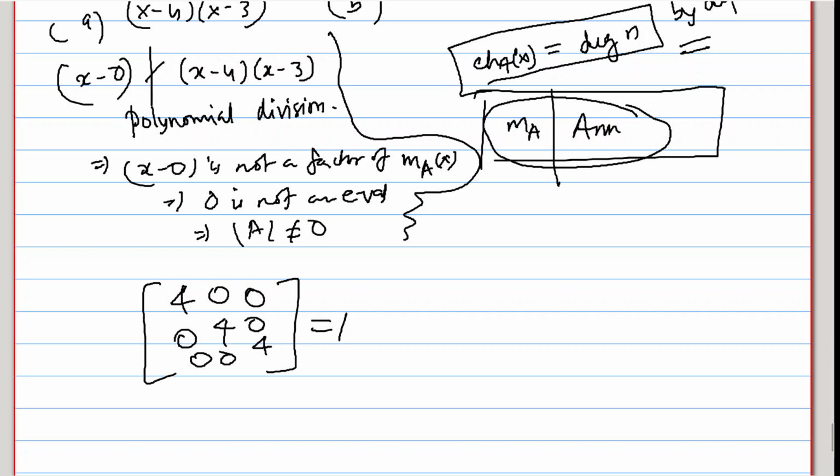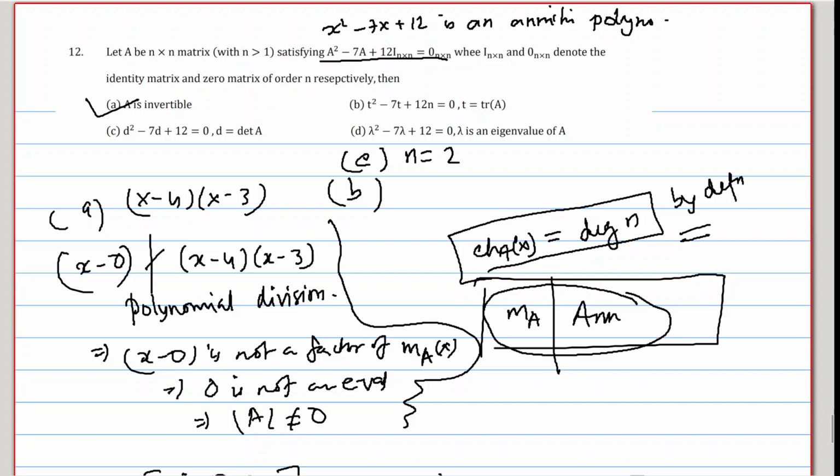Let this matrix be A. Then observe that A squared minus 7A plus 12I will be equal to 0. But the order of A is 3, this is 3 by 3. So the order need not be equal to 2. That is why I removed the characteristic polynomial argument.